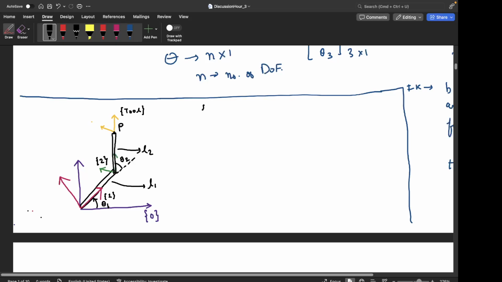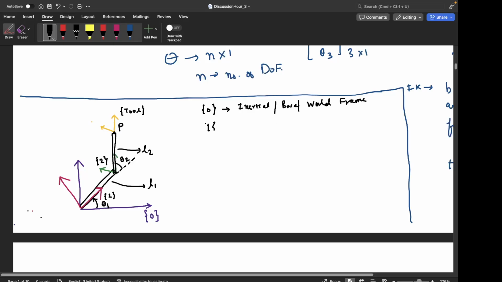So the first thing is to clearly mark the frames. This is the inertial or the base or the world frame, right?